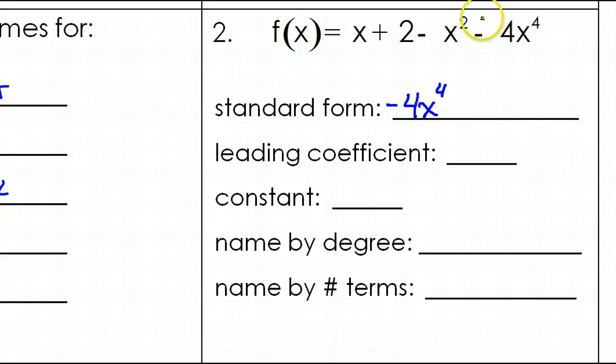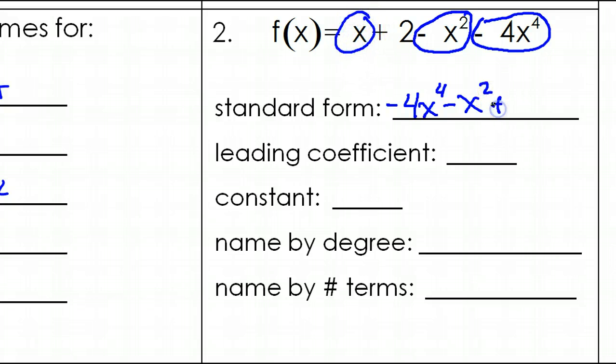All right, notice the sign goes with it, negative 4x to the 4th power. Next power I see lower than that is negative x squared, so that comes next. There is no 3rd power. And then next I see this plain x, so I'll put plus x. And then finally I see the constant term, plus 2.